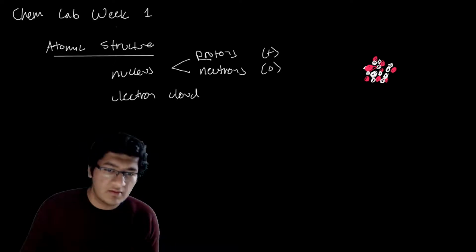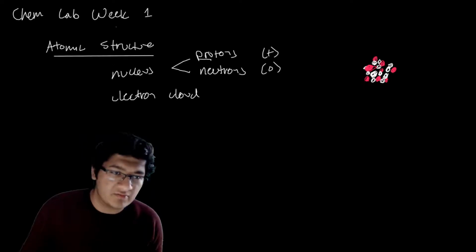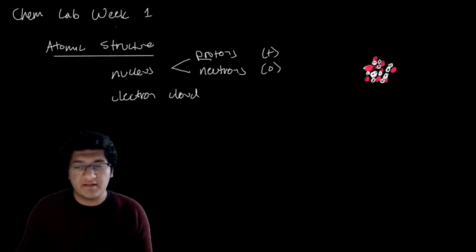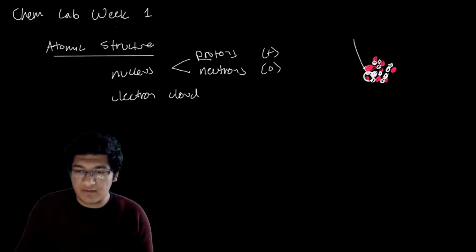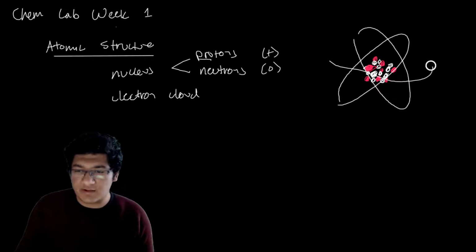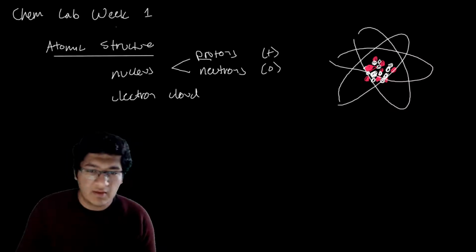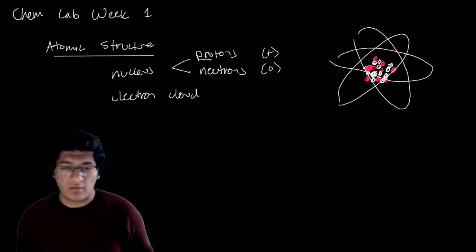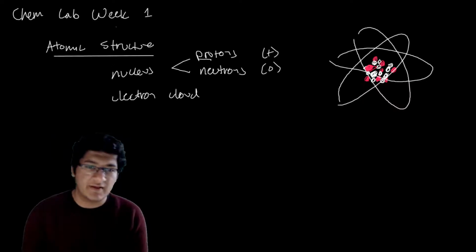Then we have this electron cloud also present. This electron cloud is not necessarily one cloud, it's like orbitals or shapes that electrons, which are negatively charged particles, move around in. Obviously this is not the correct representation of what the electron clouds look like.